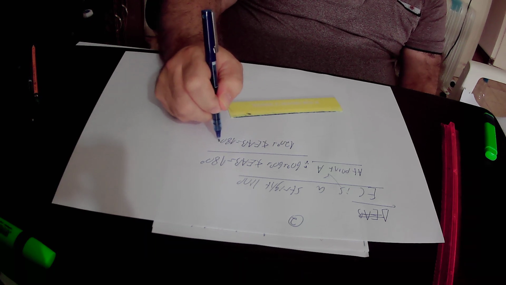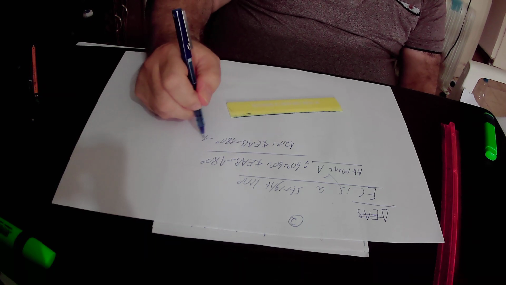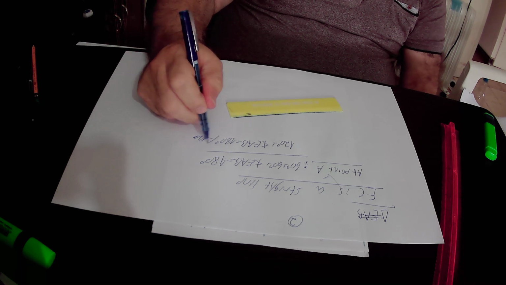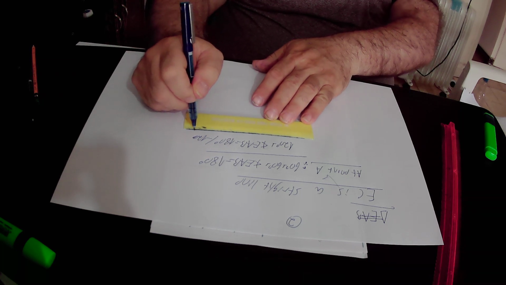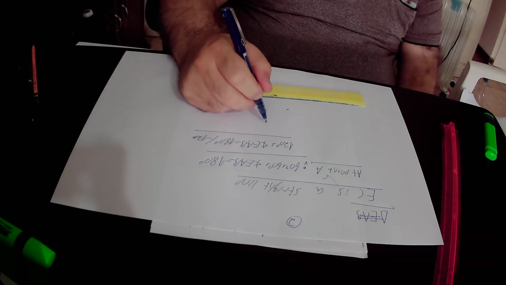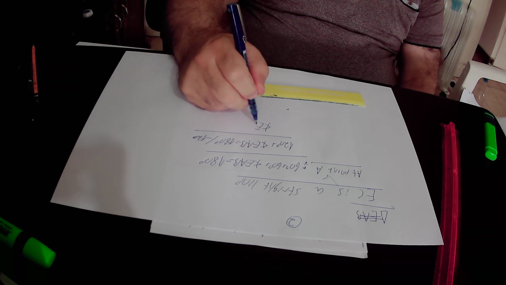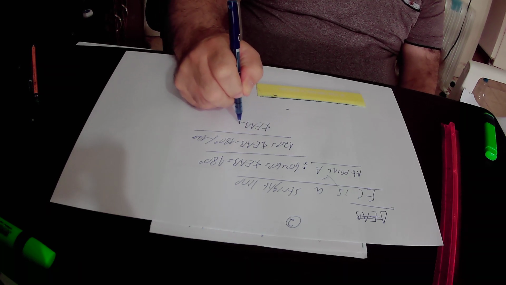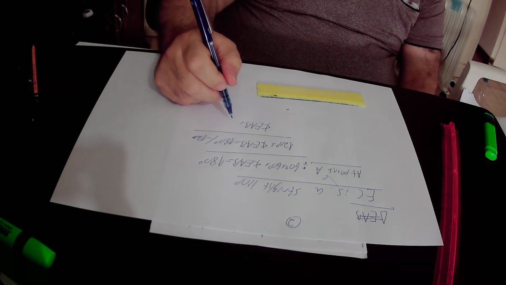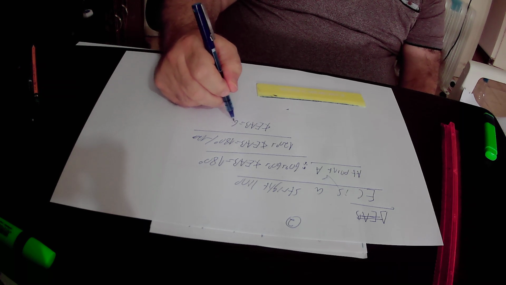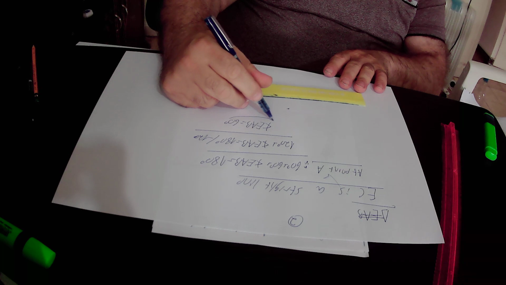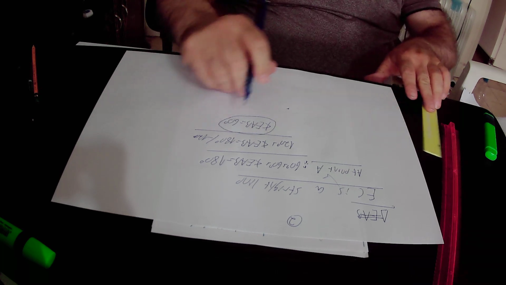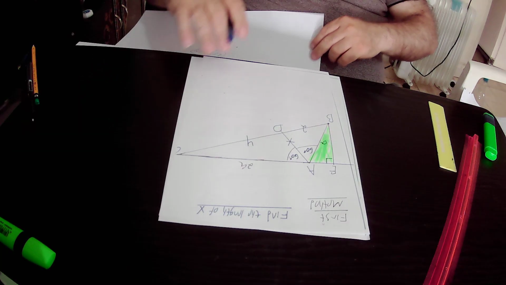Here we subtract 120 degrees from this equation, and we get that the missing angle, angle EAB, is equal to 180 degrees minus 120 degrees, which is 60 degrees. Okay, so angle EAB equals 60 degrees.